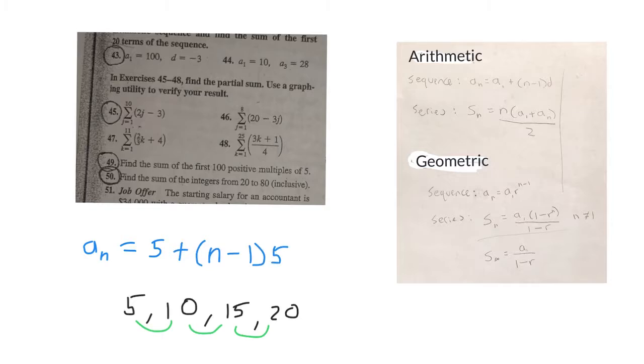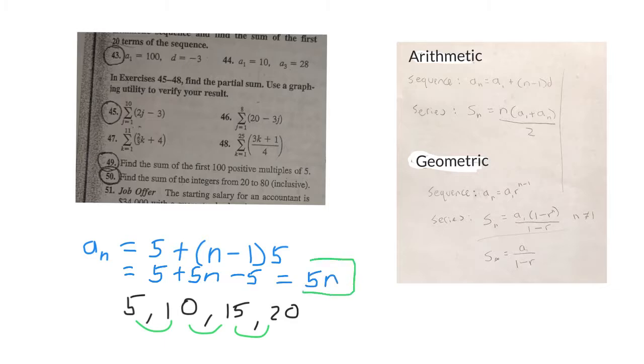That is D. D is the space in between the multiples. All right, so what I would do then is I would go ahead and just simplify this, right? So simplifying it would give us 5 plus 5n minus 5, and that would turn into simply 5n.